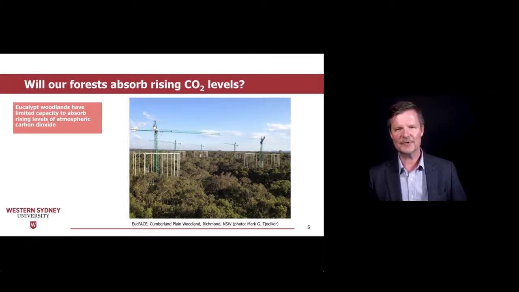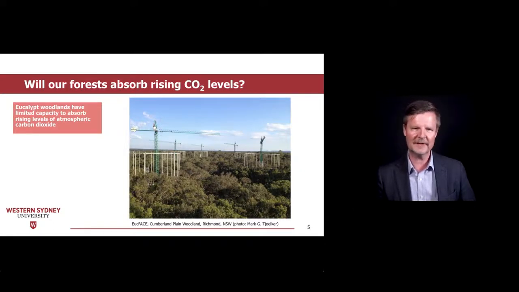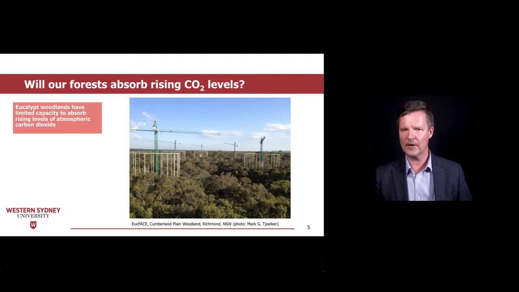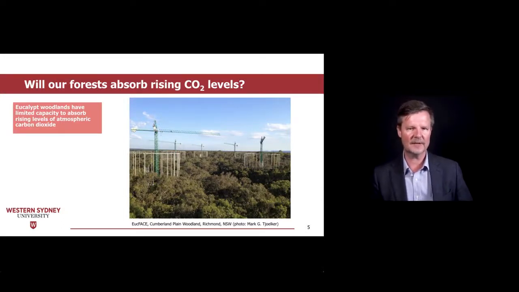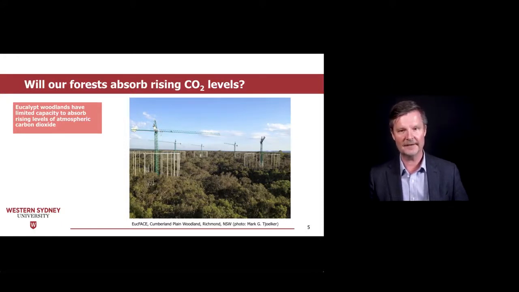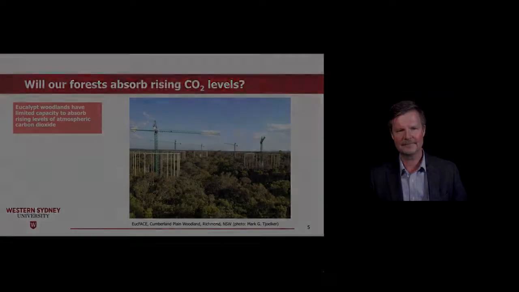And just as a saturated sponge loses its ability to absorb more water, a saturated carbon sink in our forests means our forests won't keep pace with the increased carbon dioxide emissions. This would lead to an acceleration in the rate of accumulation of this major greenhouse gas in our atmosphere and amplified climate warming. A tipping point.